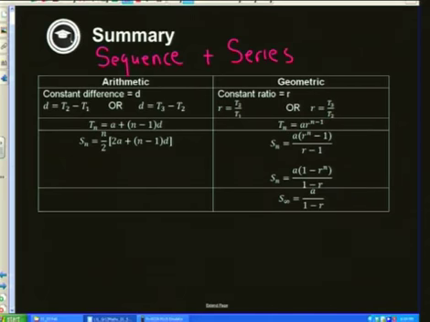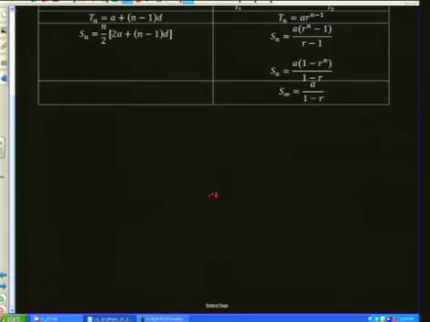Now with mathematics, I'm sure you know that the terminology we use is extremely important. So if I start talking about a sequence, this is what I mean. Let's take the first term and then a semicolon, the second term, and a semicolon, the third term, and so on and so forth.